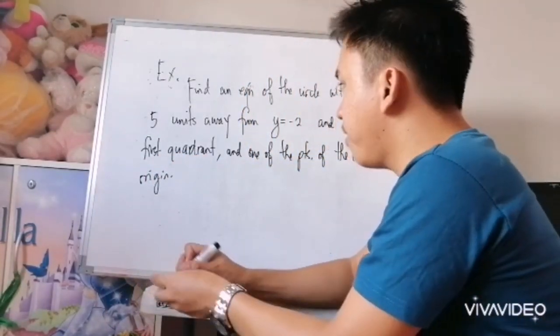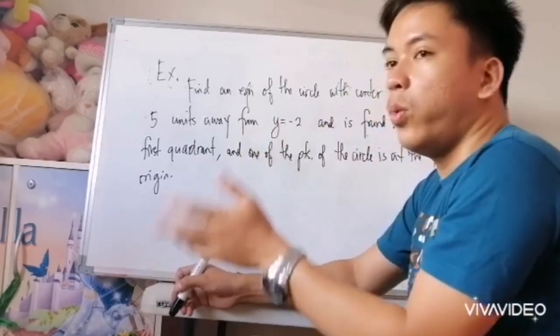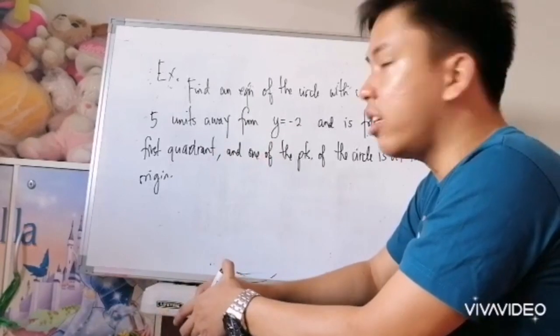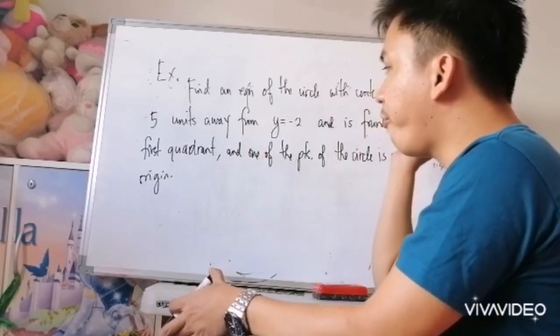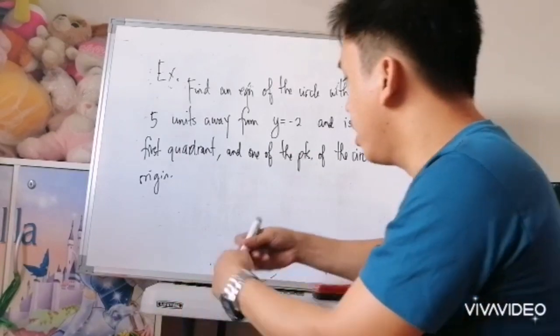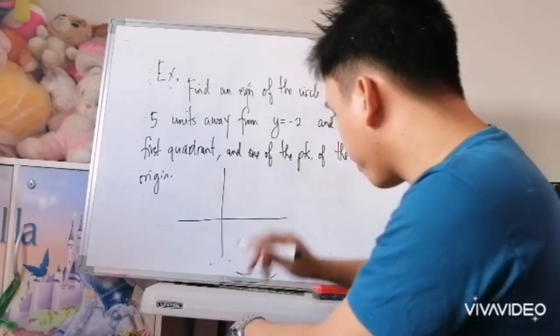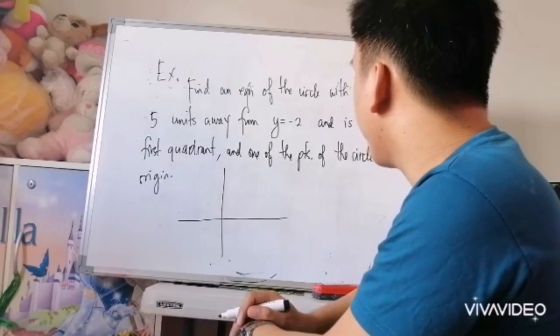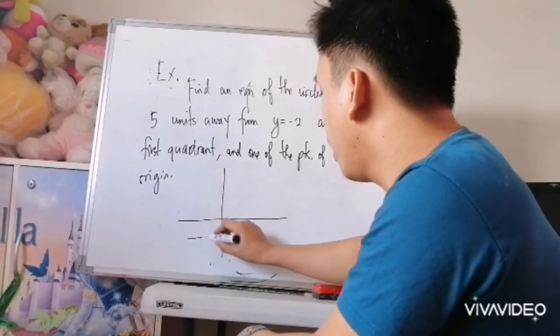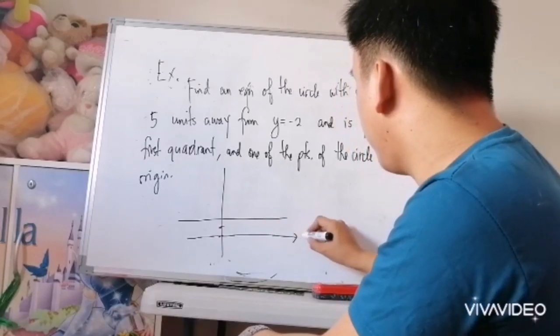So the question here is, find an equation of the circle with the center that is 5 units away from y equals negative 2 and is found in the first quadrant, and one of the points of the circle is at the origin. So let's say this is your line y equals negative 2.